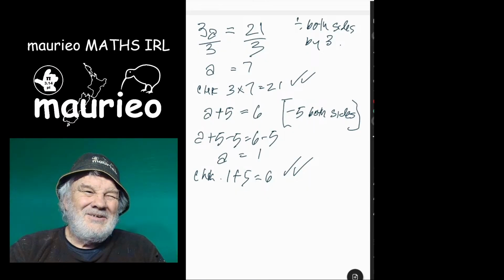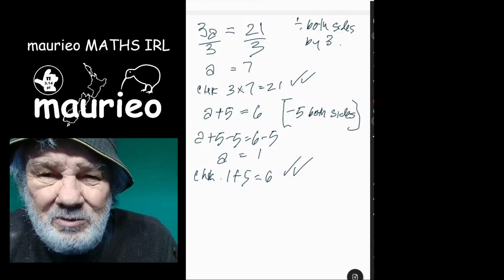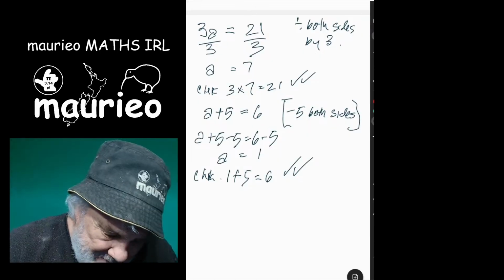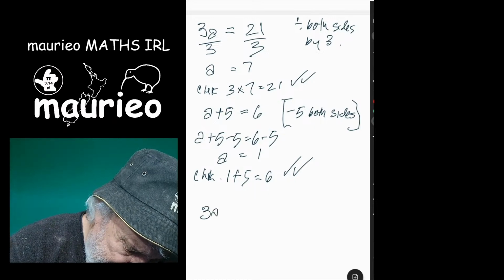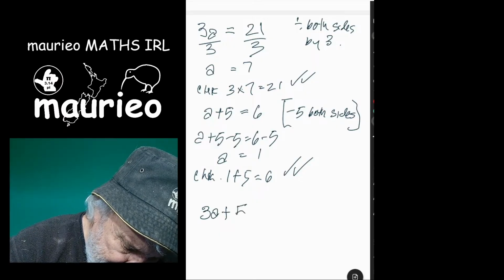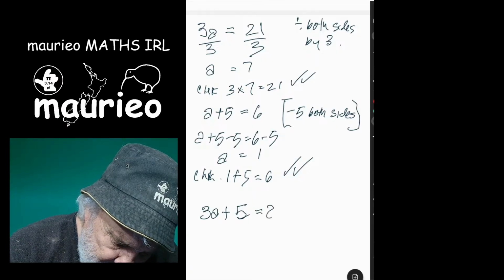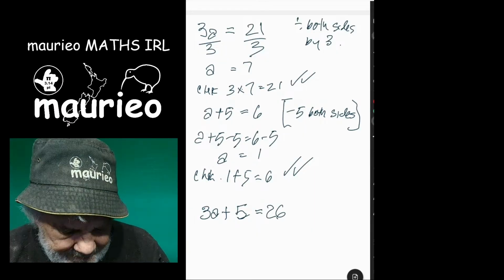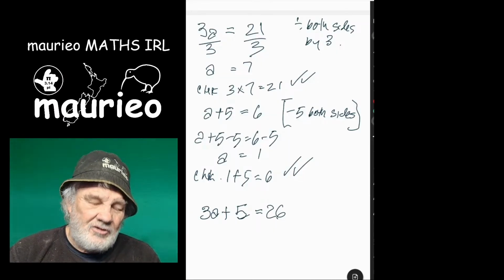All right, now, maybe we'll start to have a look at this tomorrow night, but something to think about. We've got 3a plus 5 equals 26. 3a plus 5 equals 26.